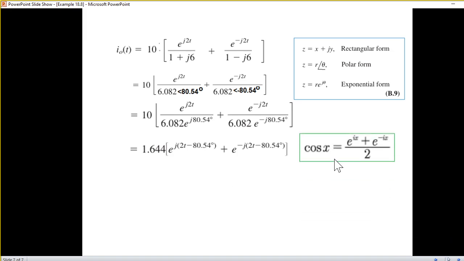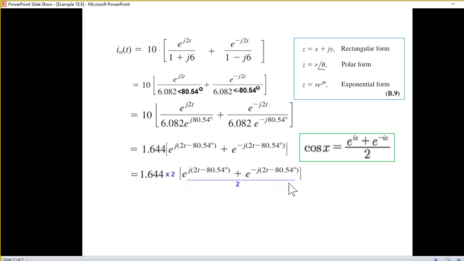And then now we'll use another formula, and I hope you know the Euler equation: (e^(jx) plus e^(minus jx)) over 2 is cosine x. So we'll just manipulate a little bit, and that manipulation is that we divide this by 2 and multiply by 2.